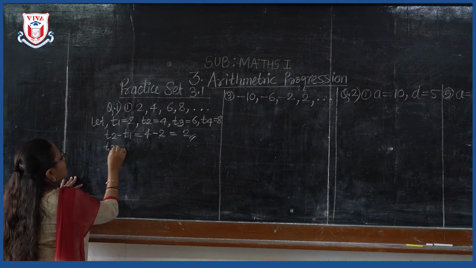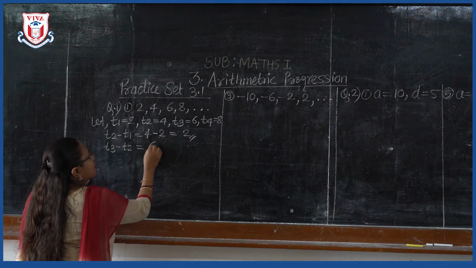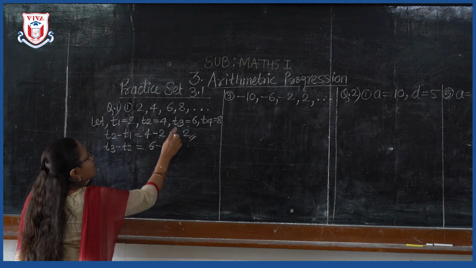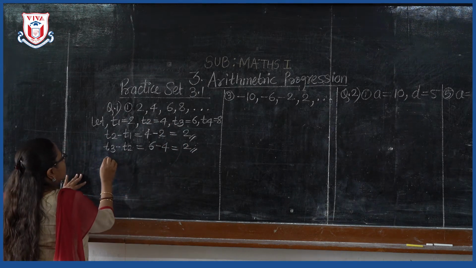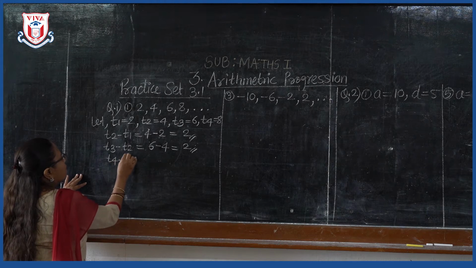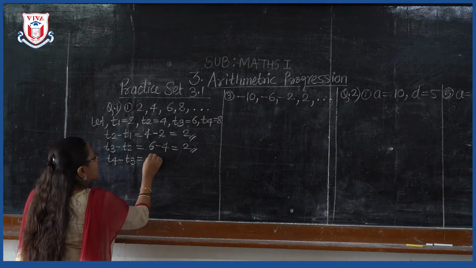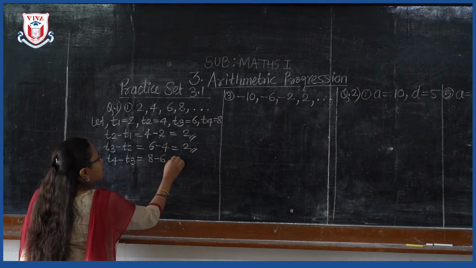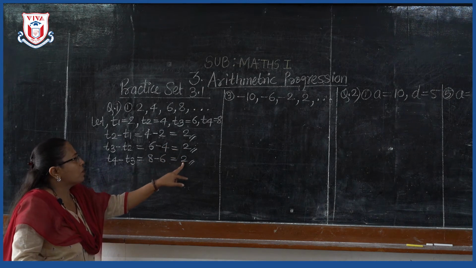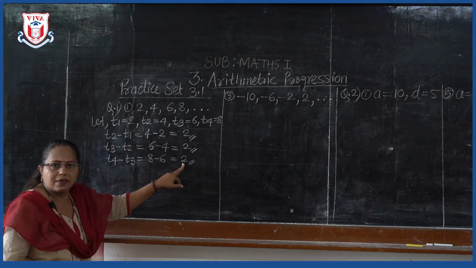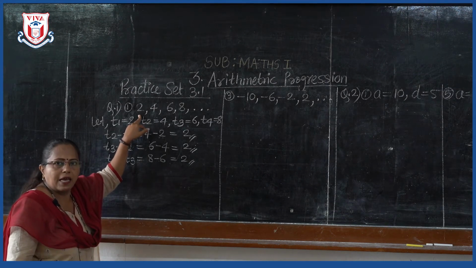Then T3 minus T2, 6 minus 4, it is also 2. Then T4 minus T3, 8 minus 6, 2. So here we got the difference between consecutive terms is constant. So we can say that this given sequence is AP.